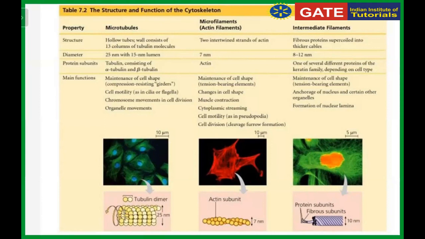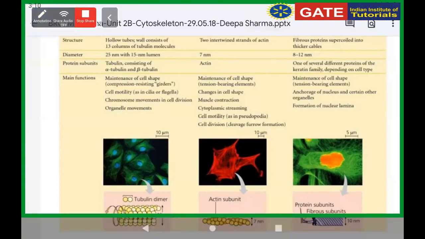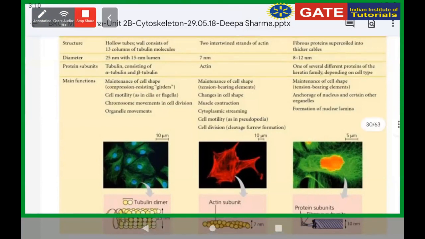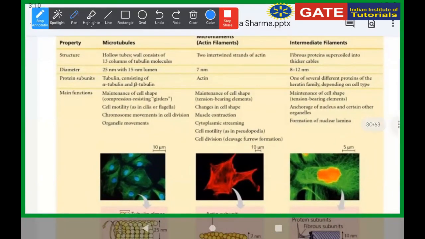Ma'am, can you explain one more time what cytoplasmic streaming is? Okay, cytoplasmic streaming is this: in a cell there is a fluid matrix, the cytoplasm, and in that cytoplasm all organelles are situated, right?